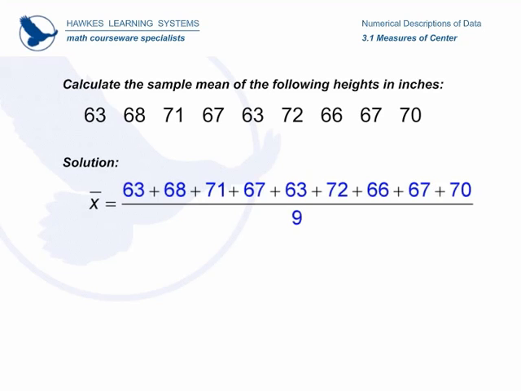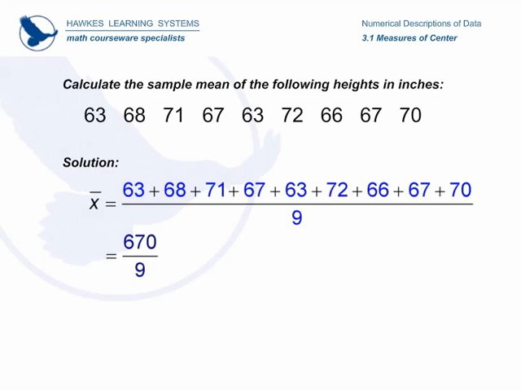So for our solution, we would take each of the data set values, and you see we have an x-bar, which indicates that we have a sample. We sum or add together each one of the data set values, and then we divide by the total number of data set values. We have 9 data set values.